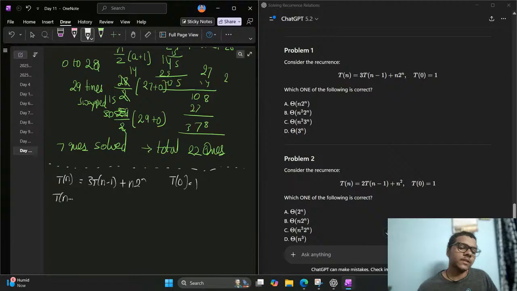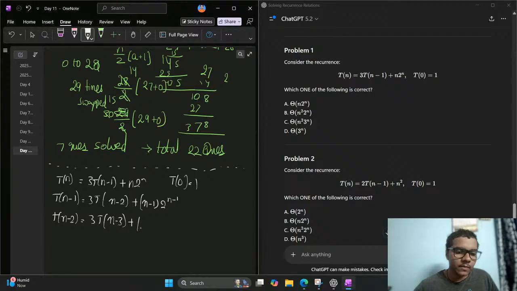So get T(n minus 1), which is 3T(n minus 2) plus (n minus 1) into 2 power n minus 1, and T(n minus 2) will be 3T(n minus 3) plus (n minus 2) into 2 power n minus 2.